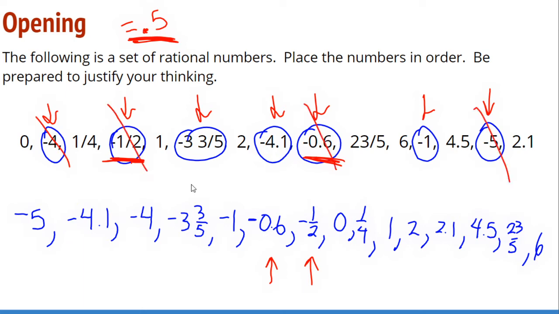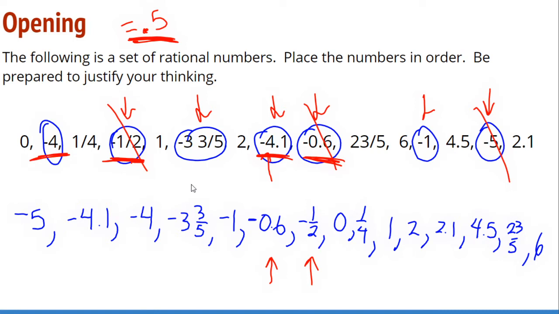And then I looked and said, well, if I look at how far they are from the 0, this negative 4 is going to be farther. Oh, I erased my negative 4 there when I shouldn't have. I'll come back to him in a second here. So I've got this negative 4 1/10 and this negative 4.